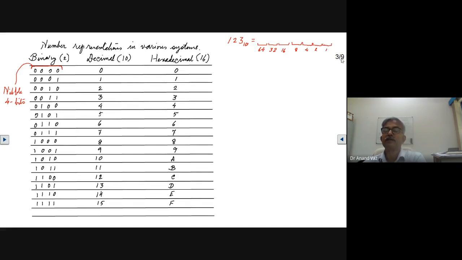So we have taken various bits over here, and we are now going to perform the addition.